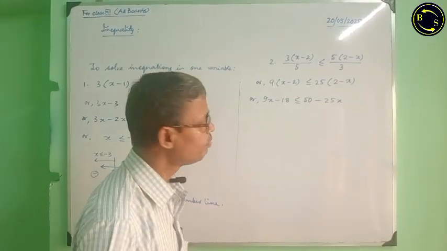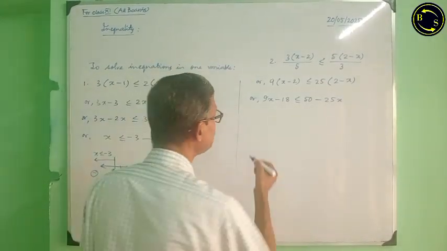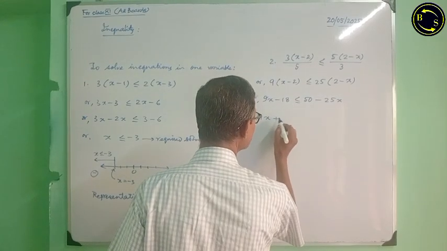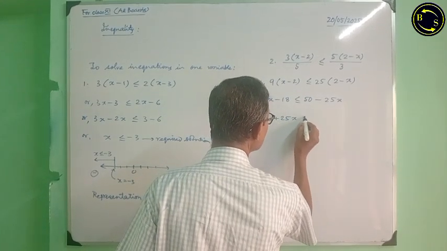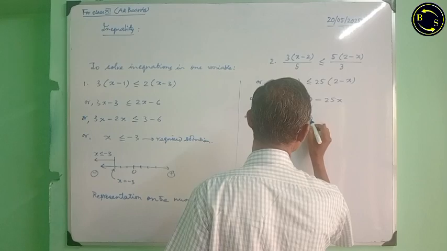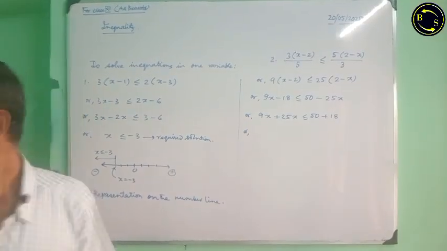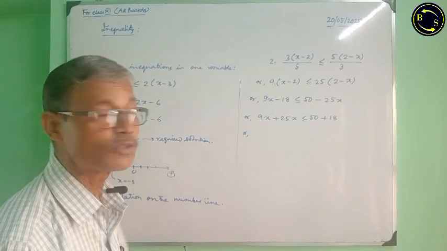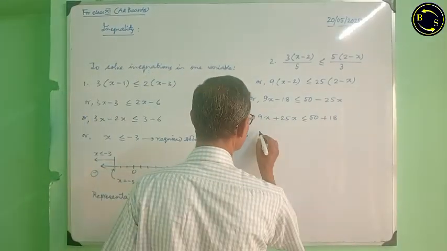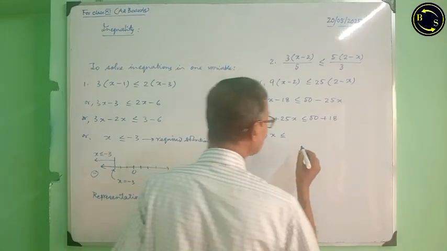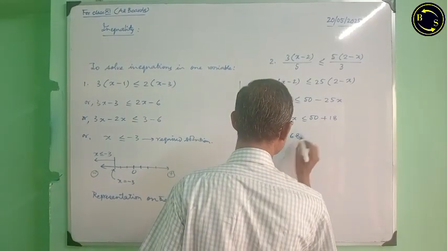Then variable parts are to be taken on the left side, or 9x plus 25x is less than or equal to 15 plus 18. I have used transposition here, or 34x less than or equal to 68.